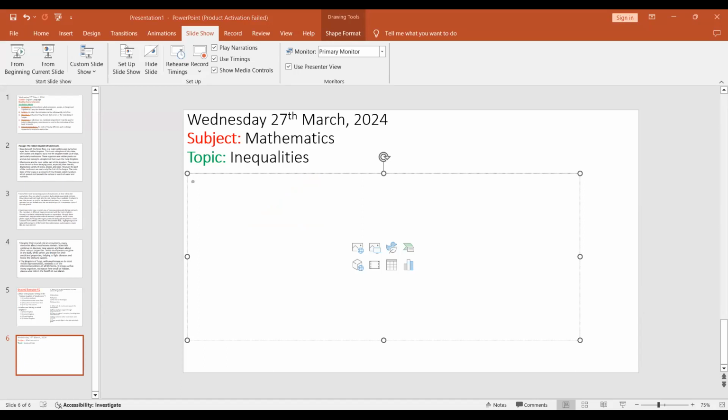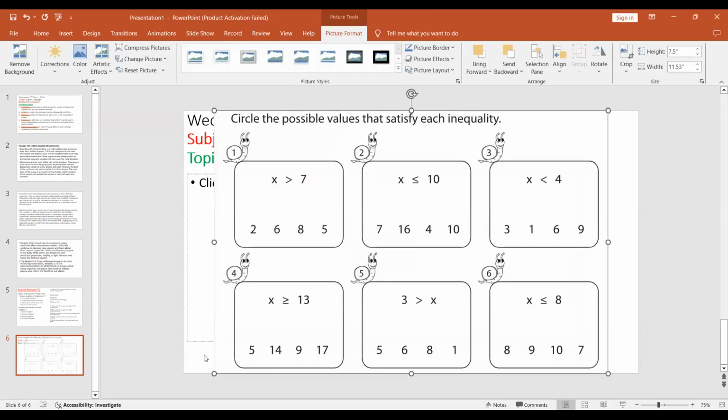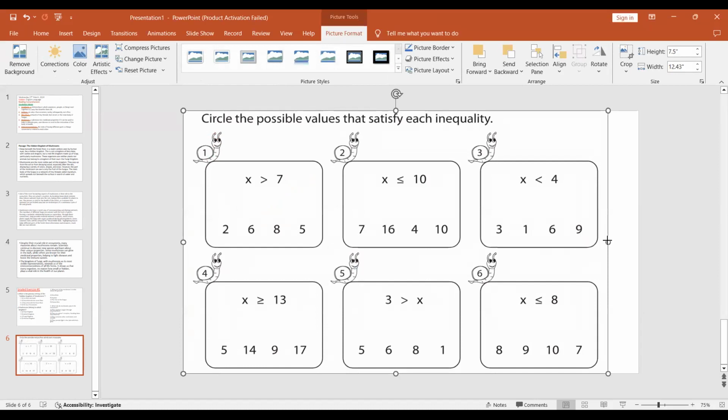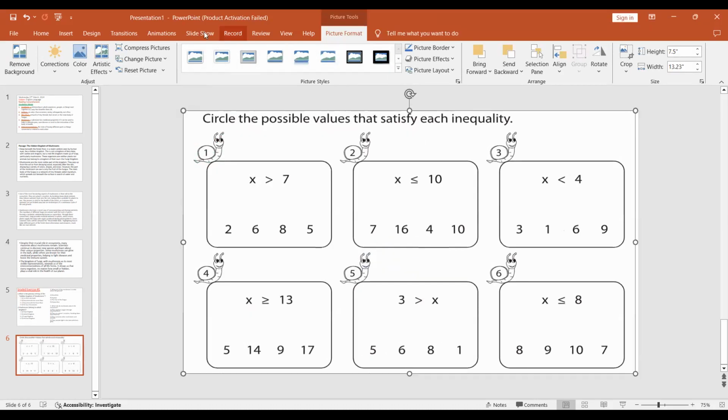For these examples, we want to circle the values which satisfy the inequality. Write these down for me. We're going to number them so that we can be on the same page.